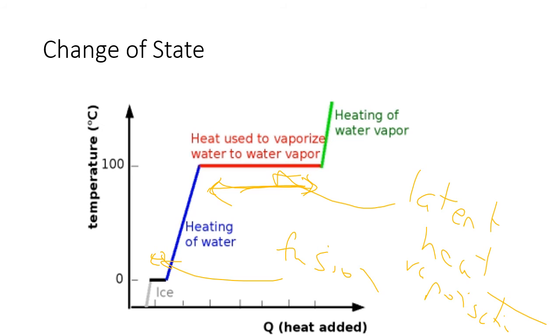Okay, and so we get these dwells, we get them sitting at these points, staying at the same temperature until we've changed all of the potential energy from being the potential energy environment of a liquid to the potential energy environment of a gas, or the potential energy environment of a solid to the potential energy environment of a liquid.